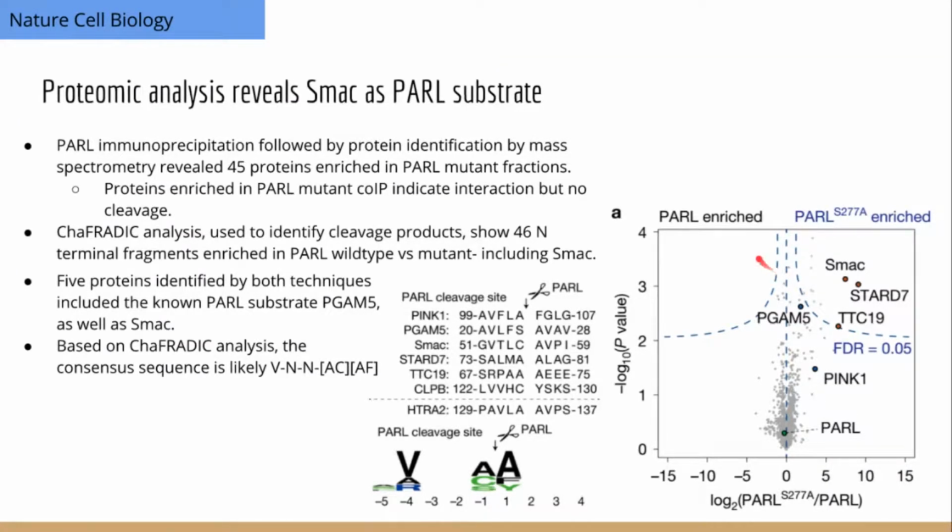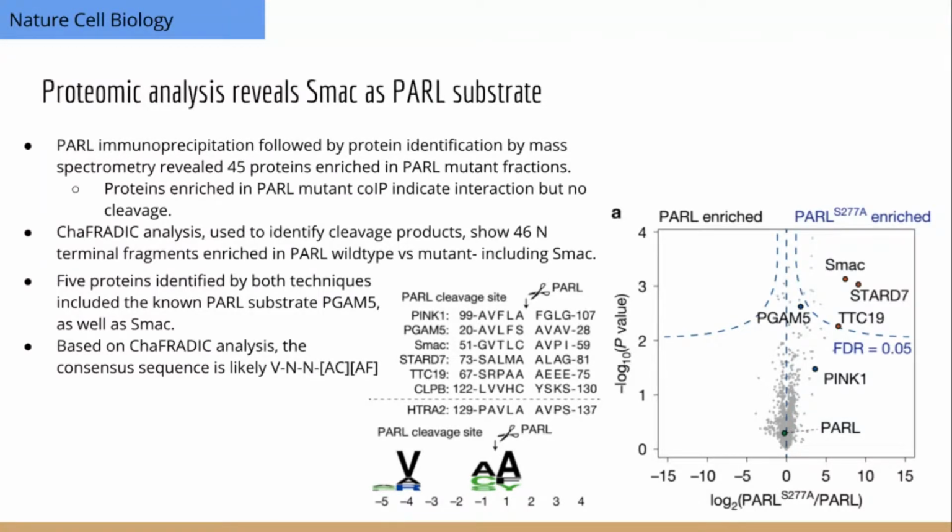And they also did a technique called CHAFRADIC right here. I'm not sure exactly how to pronounce it, but it stands for charge-based fractional diagonal chromatography. And this technique is able to separate N-terminal protein fragments by chromatography, and they found 46 N-terminal peptides that were significantly enriched in the wild-type PARL, but absent in the PARL mutant cells.